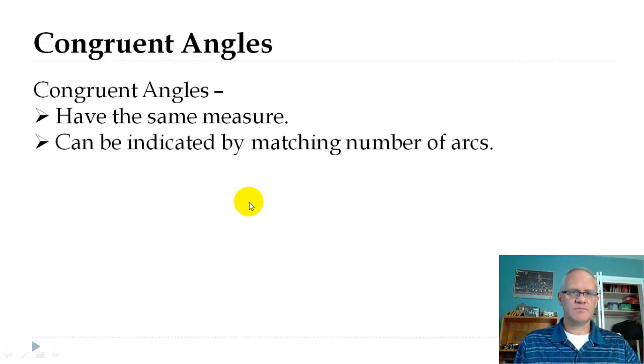All right, congruent angles. Just like congruent segments we talked about before, congruent angles will have the same measure.